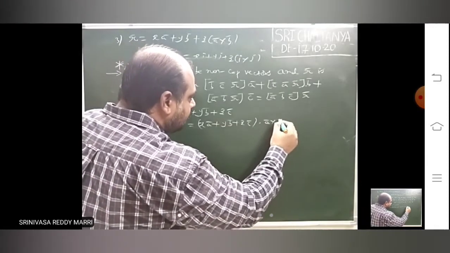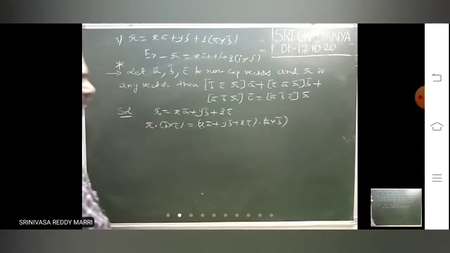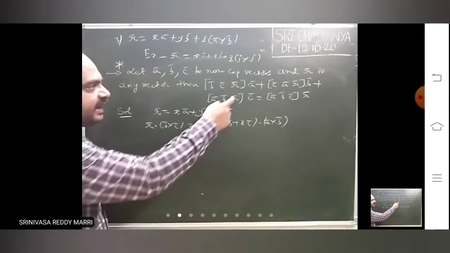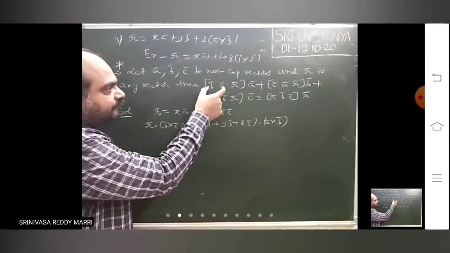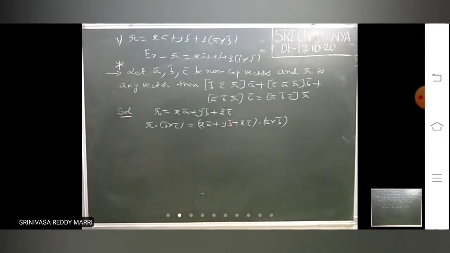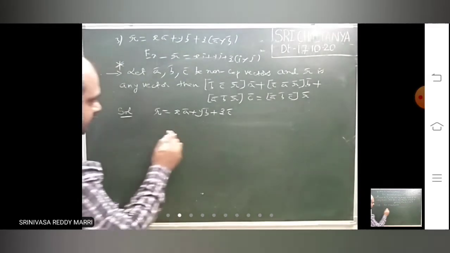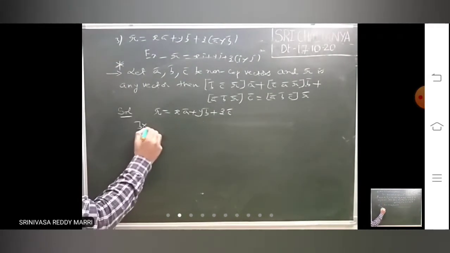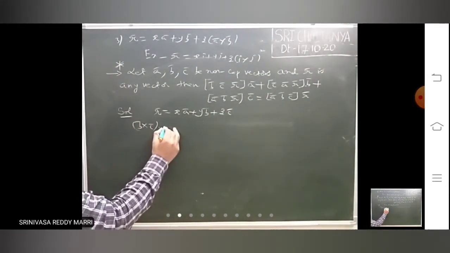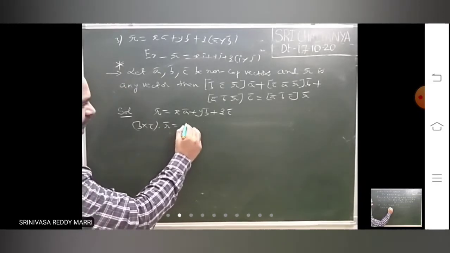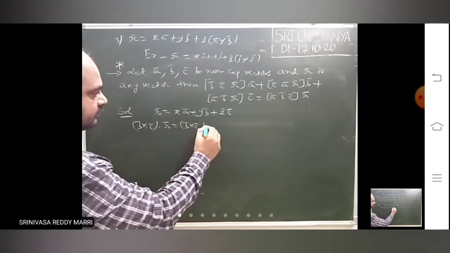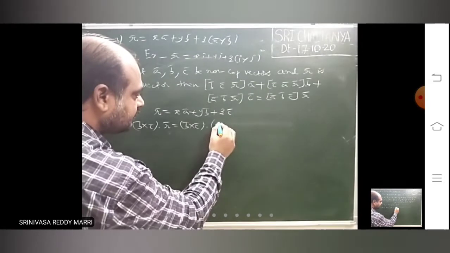That way I will get, before A bar, B cross C dot R bar. So that's why I am doing dot product. Any side you can do, no problem, but directly you will get that.